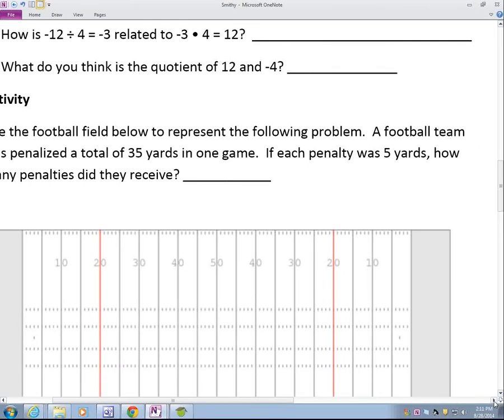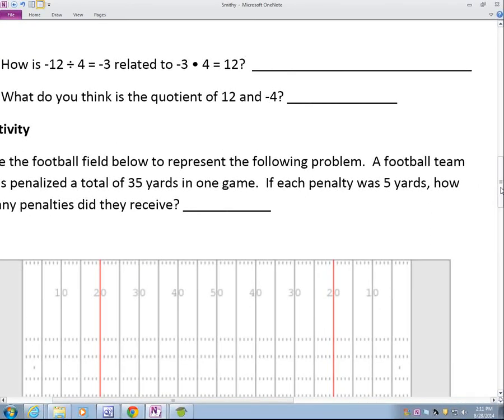Because if you multiply it, it's going to be the same thing as if you divide it. You're just going to switch some of the numbers around. Good. Can you reword that at all?